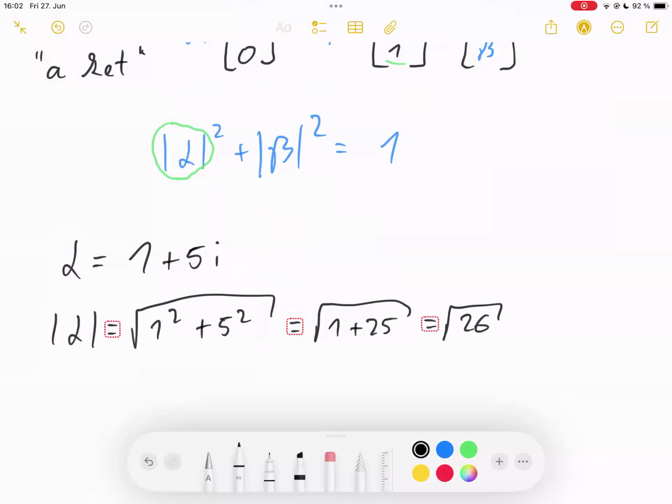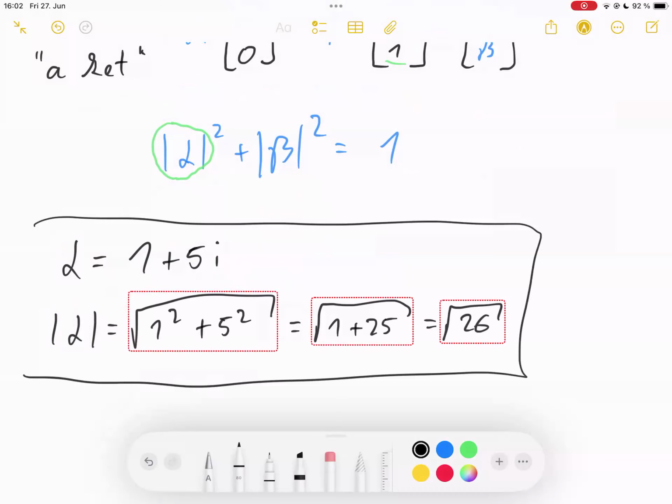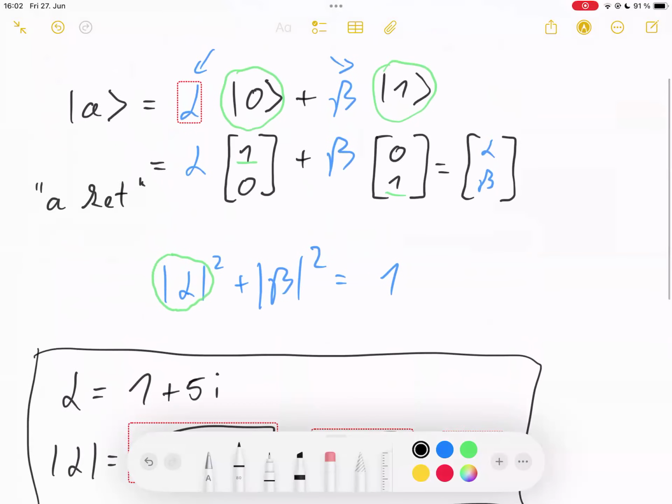Does that ring a bell about the absolute value of a complex number as the length of the vector if you interpret the complex number as a vector? Good, I see positive reactions. And now this says the modulus of alpha squared plus the modulus of beta squared must be 1. And only if that's the case, then we have a valid qubit.